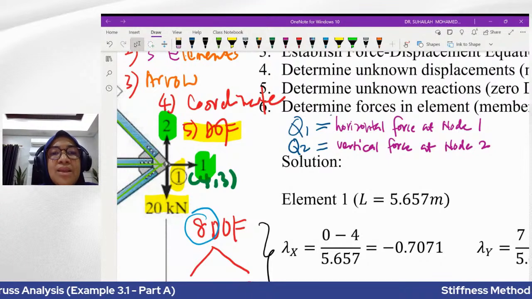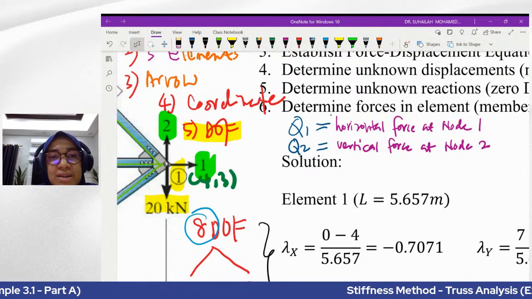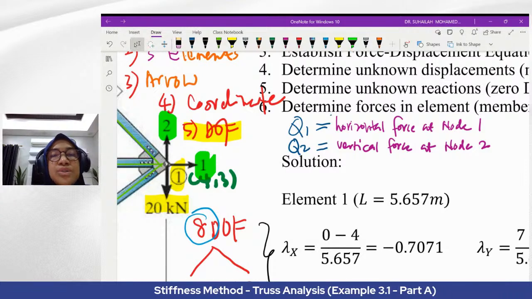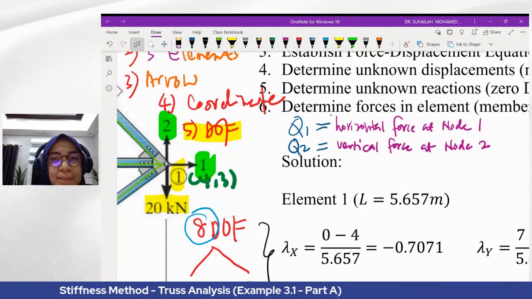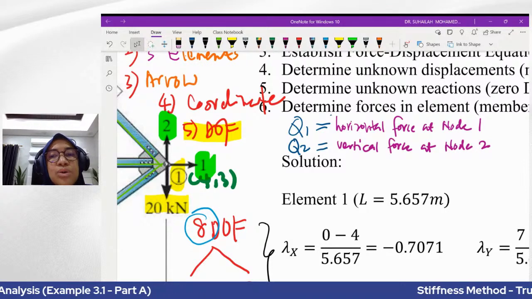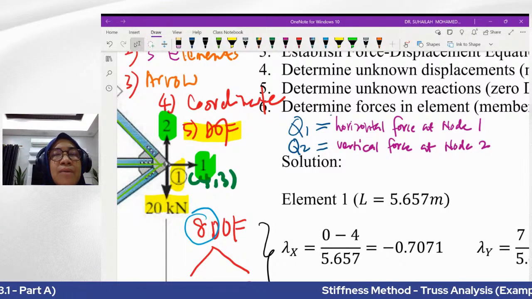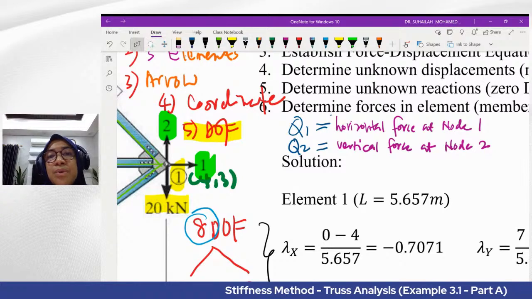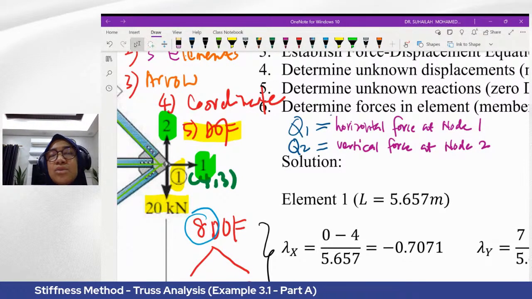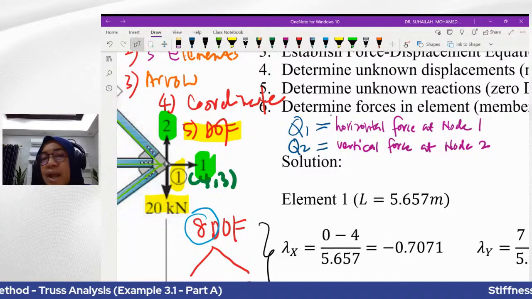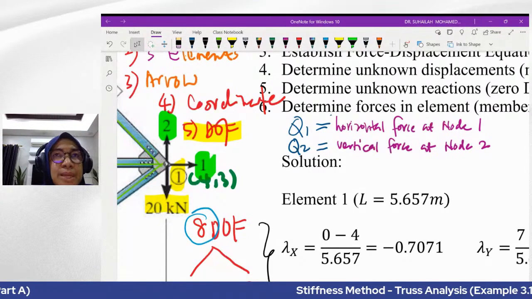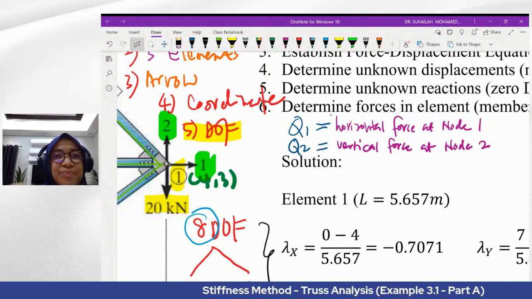Is there any horizontal force given at node number 1? No. There is no horizontal force at node 1. So if there is no value subjected at 1 in the x direction, it means that Q1 will be equal to 0.